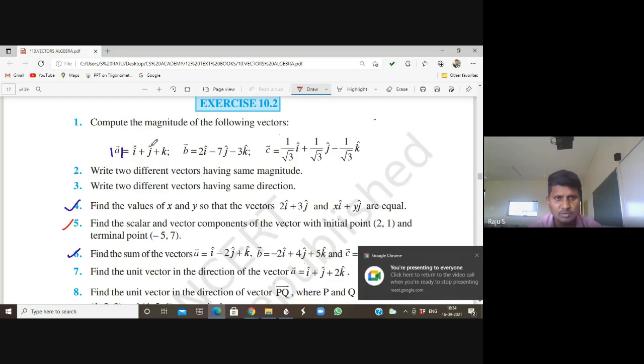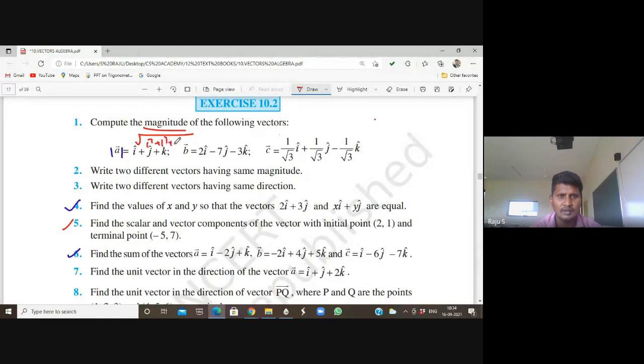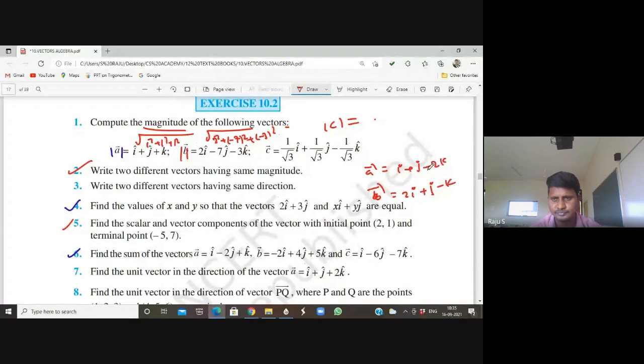Okay, so the first question. They are asking for magnitude, so it is the square root of the I coefficient 1 squared plus 1 squared plus 1 squared. For b, the magnitude of b is equal to the root of 2 squared plus minus 7 whole squared plus minus 3 whole squared. In the same way you can find the magnitude. Once again, I'm repeating: different directions having the same magnitude. For example, vector a is equal to i plus j minus 2k, and vector b is equal to 2i plus j minus k.